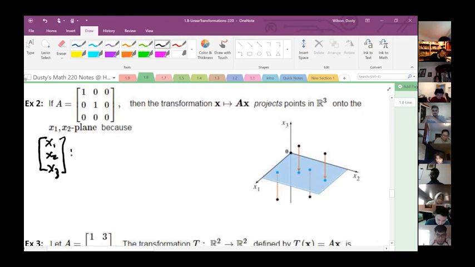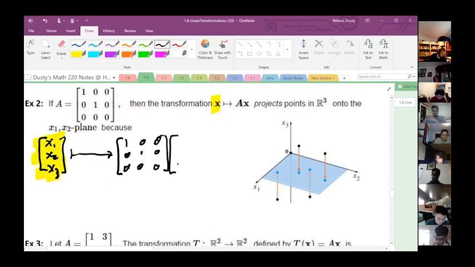then this is going to go to, here's my starting spot right here. We could ask, where's it going to go to? Well, it's going to go to 1, 0, 0, 0, 1, 0, 0, 0, 0 times X1, X2, X3, which is equal to what?